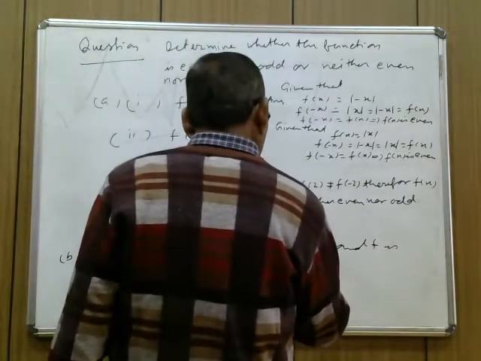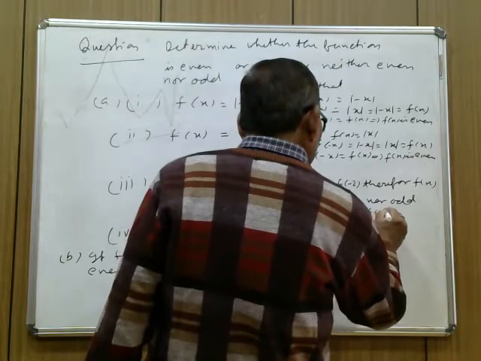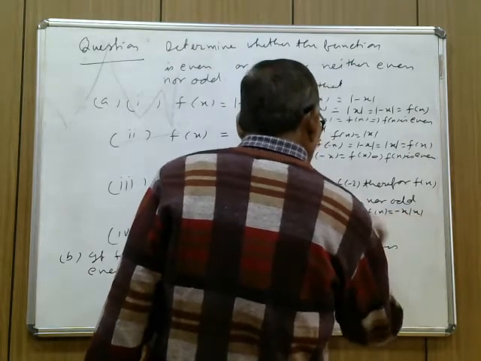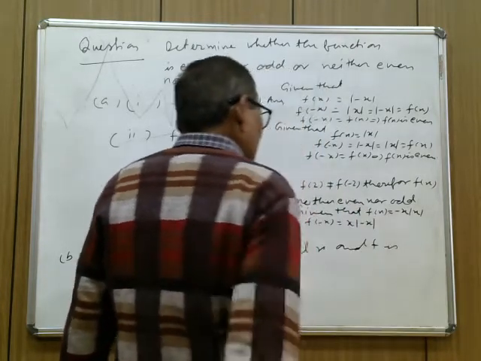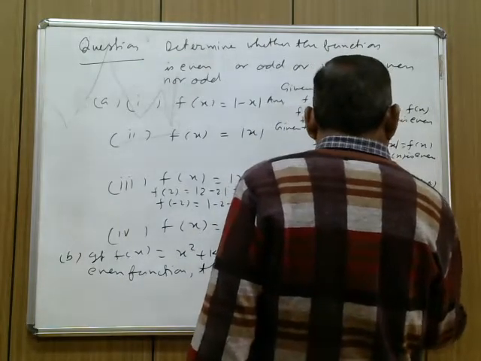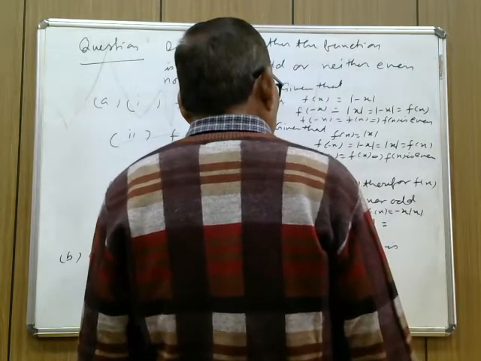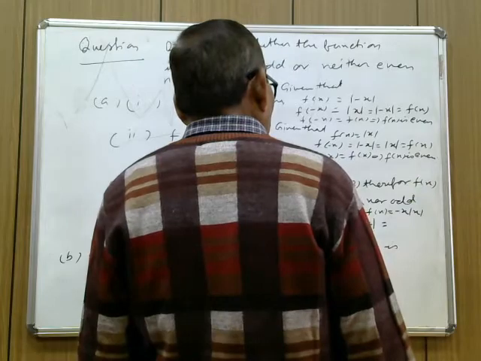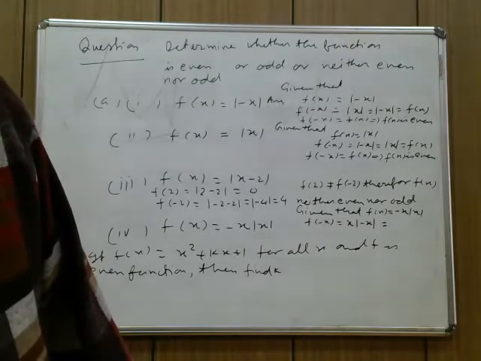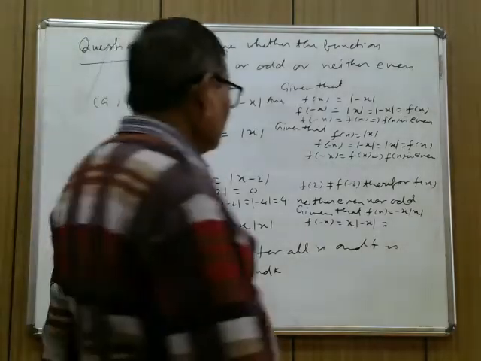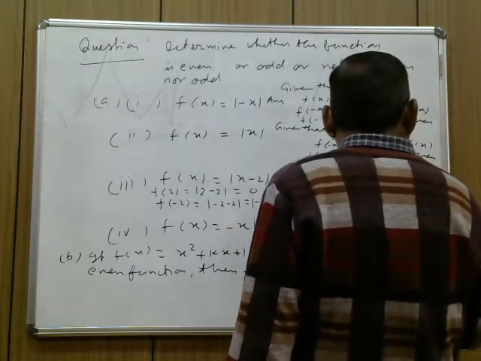And what about this? Given that f(x) is equal to minus x mod x. Now you find f of minus x, that is equal to x mod minus x. This can be written as x mod x.